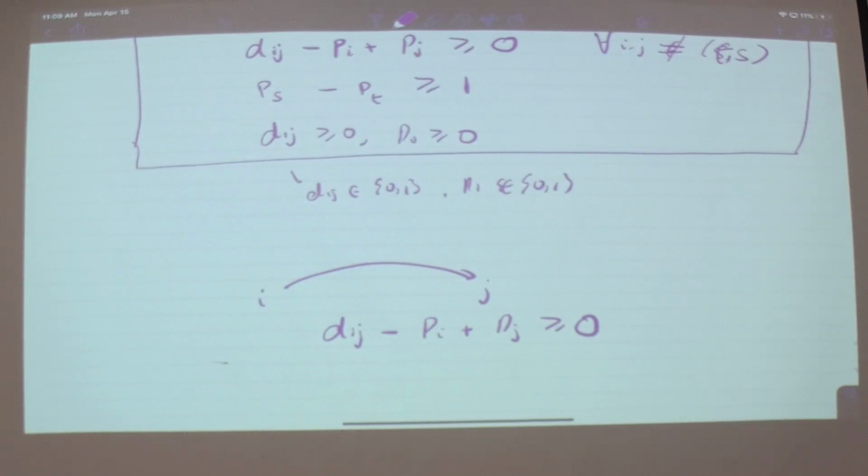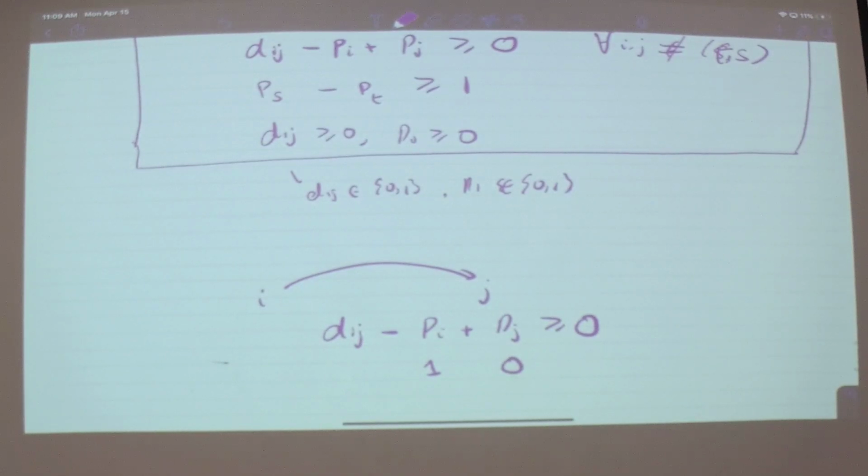What happens if both are 1? If both Pi and Pj are 1, then Dij can be anything, because Dij just needs to be more than 0, which is 1. If both are 0, then again it can be whatever it wants. It doesn't matter. But suppose one of them is 1, one of them is 0. Suppose i is 1 and j is 0. What can we say about Dij?